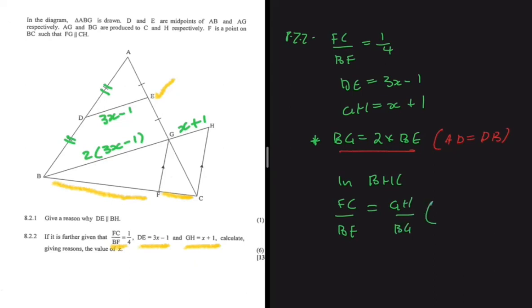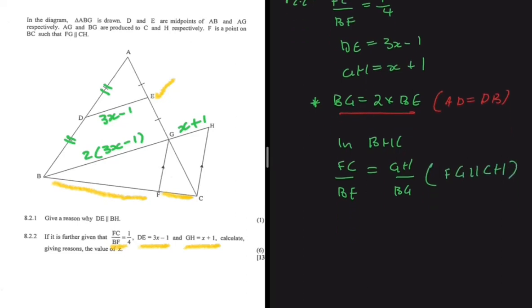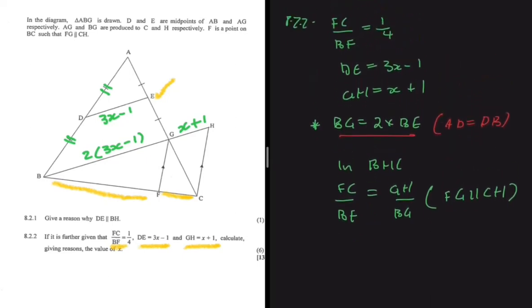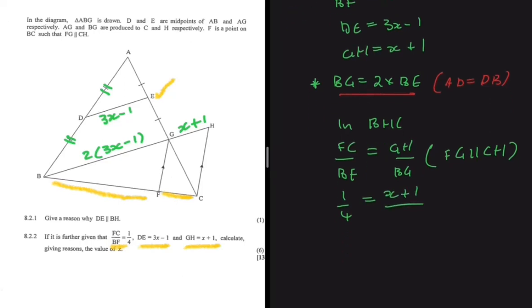We're saying that because FG is parallel to CH, right? We can only say that if we have two parallel lines, right? So FC divided by BF is given to us. We have 1 divided by 4. And GH is x plus 1, right? And then BG is 2 multiplied by 3x minus 1, which will just become 6x minus 2.